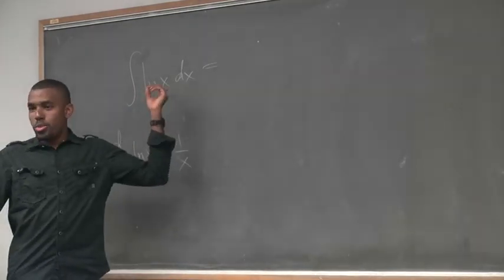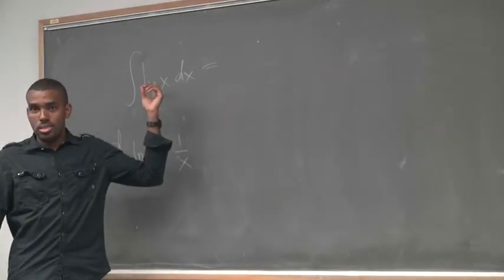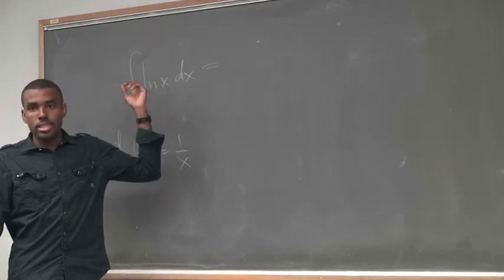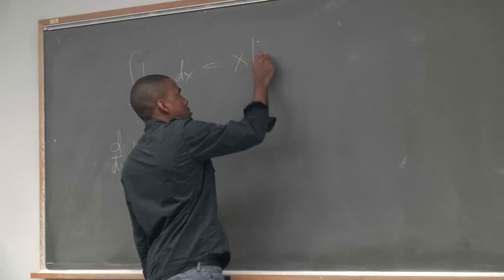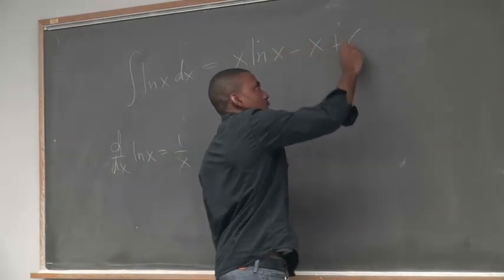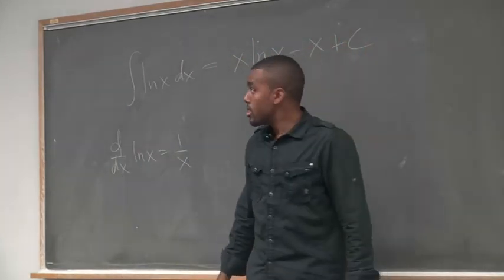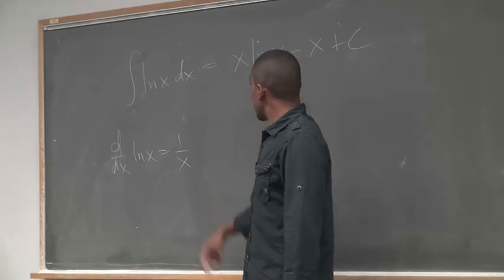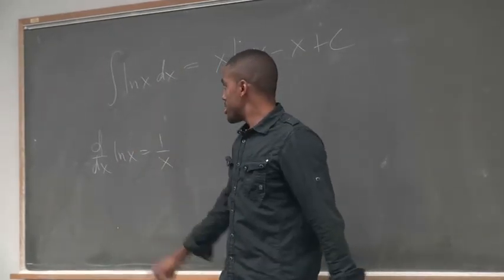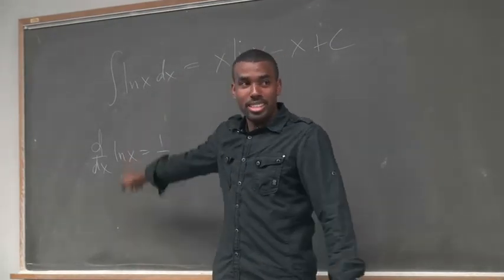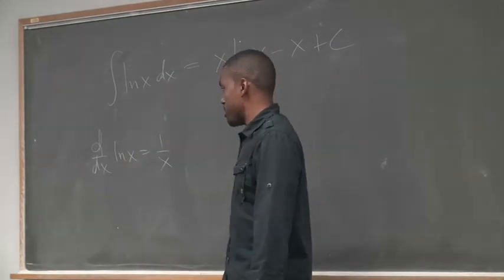Integration by parts: u would be ln x, dv would be dx, and by this point you should have this memorized. The integral of ln x is x ln x minus x plus c. That's something you should have memorized. It's not 1 over x. That's a mistake I see all the time, and I'm very harsh when someone makes that mistake.